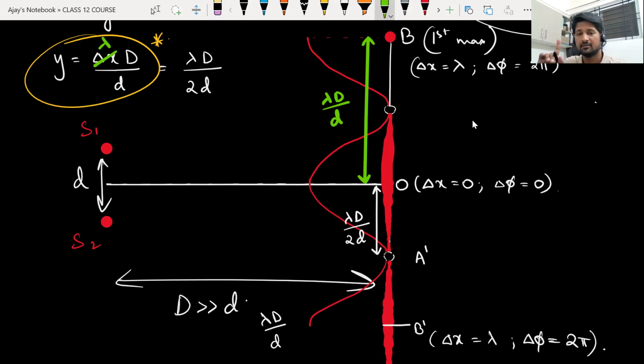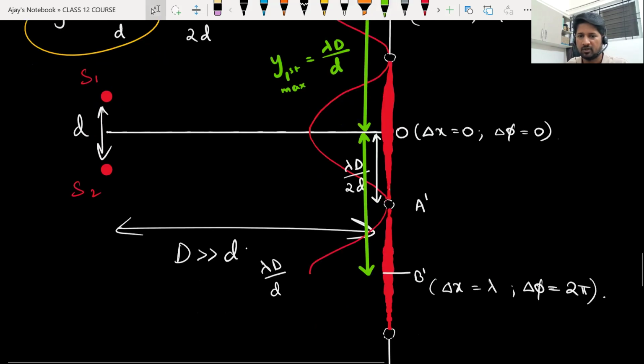And what is B? First maximum. So the y coordinate of the first maximum is lambda capital D by small d. You will get the same distance for the first maximum on the lower side also. Is this clear? Yes, sir.